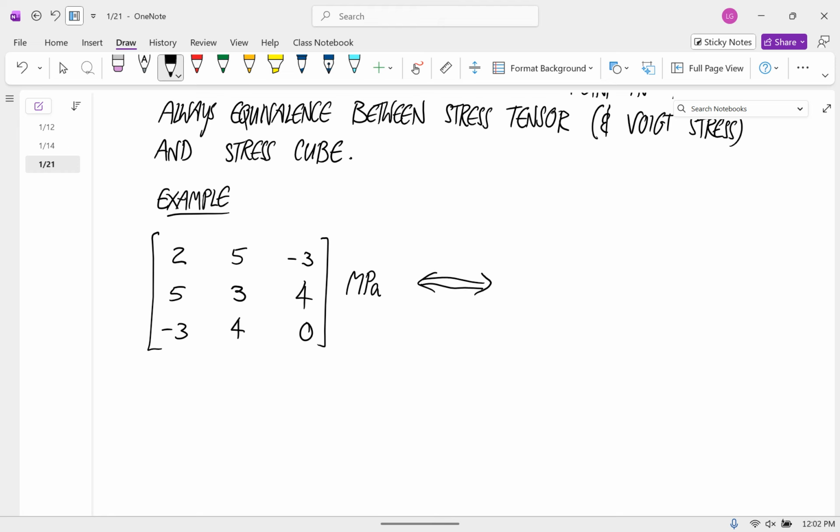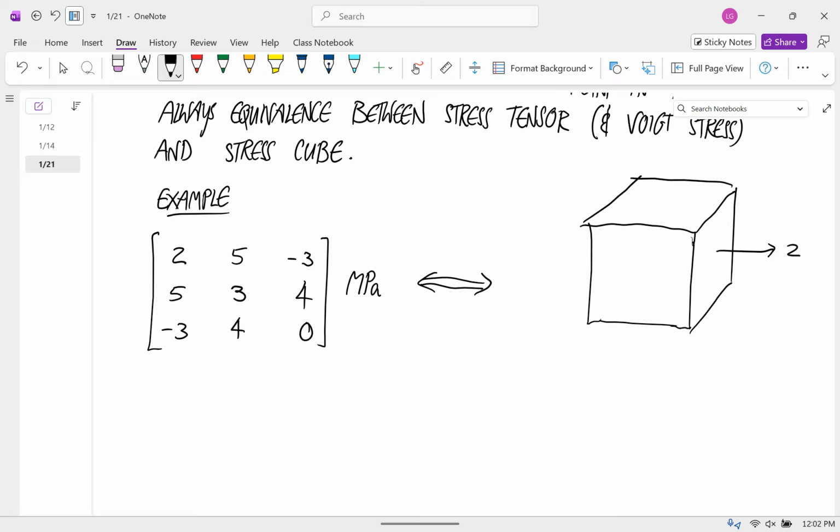And that's equivalent to, so here's the cube, showing just the positive coordinate axis faces. So we have 2 megapascals this way, 5 this way, and 3 in the negative z direction this way.